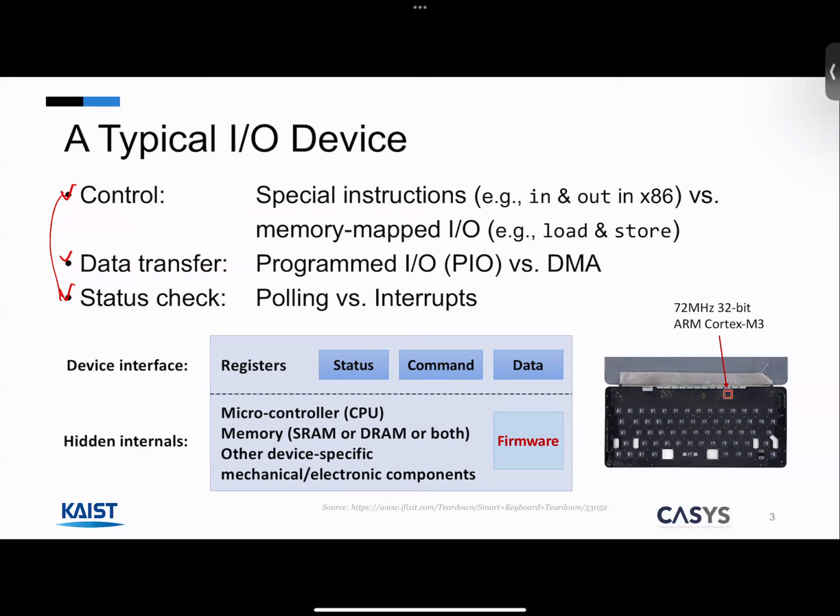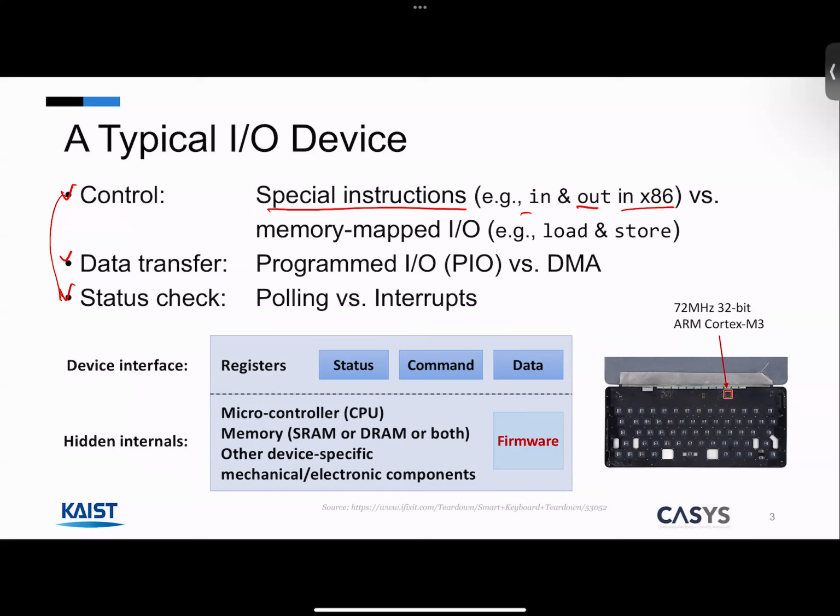For control transfer, there are two possible approaches. First is special I/O instructions, such as in and out, for example in x86. So the operating system issues these special in and out commands to access device control.